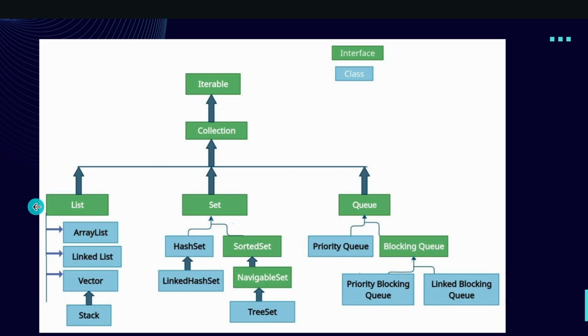This interface will be implemented with the interface Collection. I hope this makes some sense now. We also have the interface Queue. This Queue interface will be implemented by the Queue collection. In this we are going to have PriorityQueue, BlockingQueue, and all this stuff. I hope this makes some sense now.